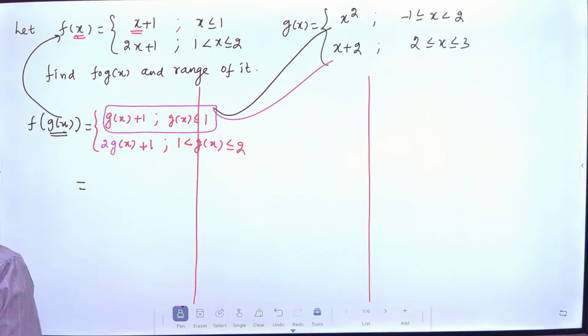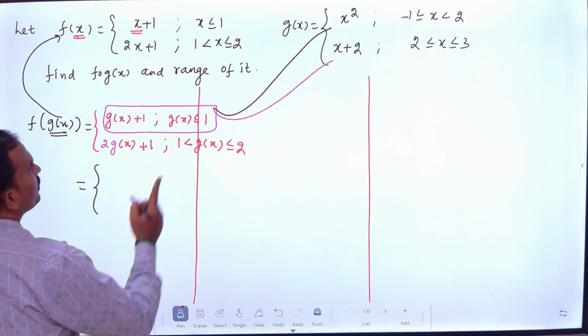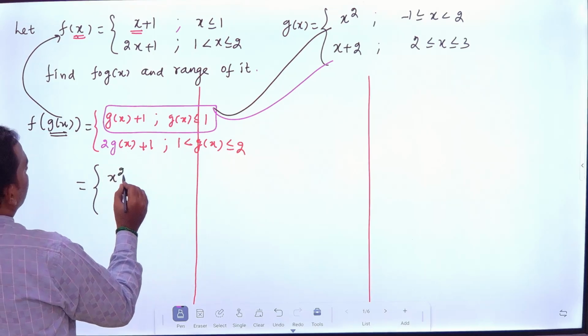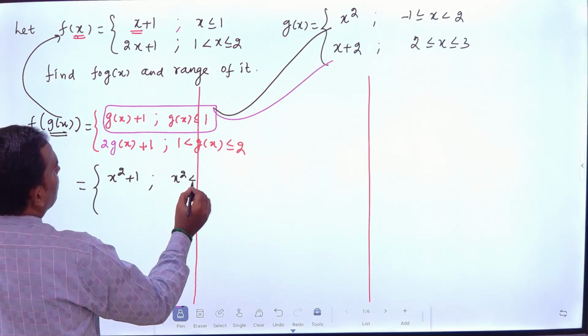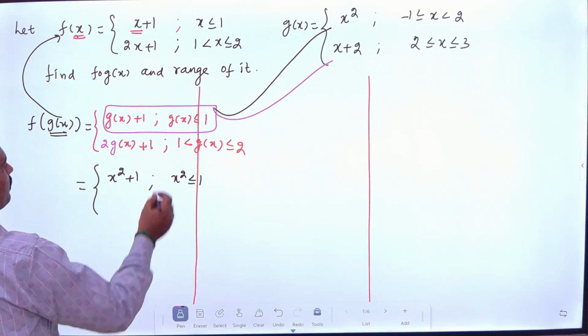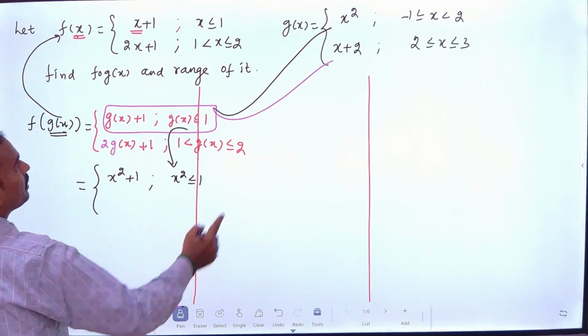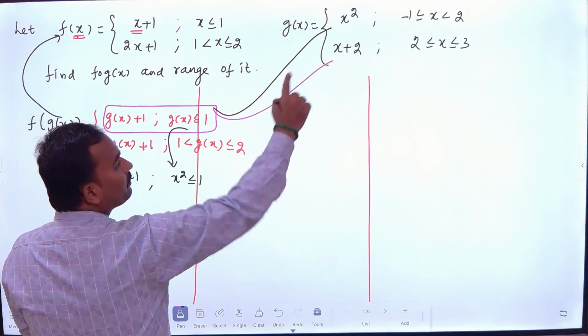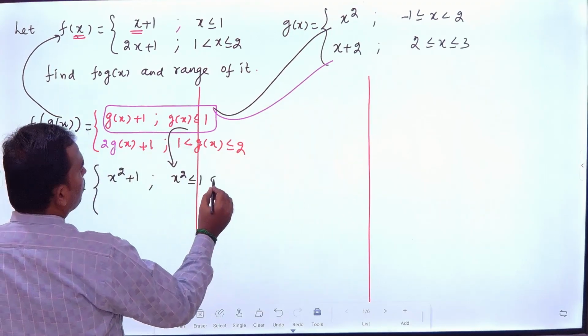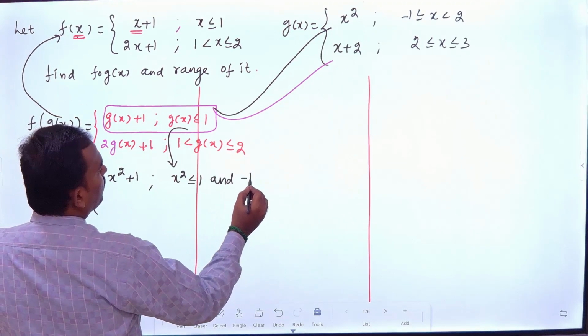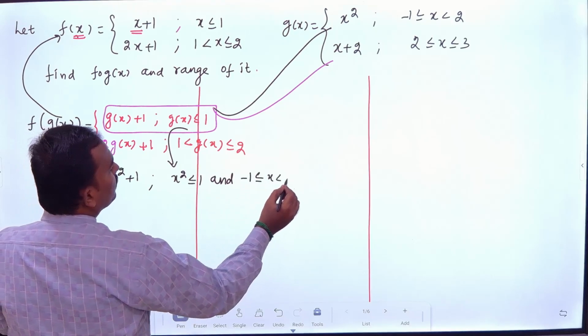Fixing the first function, we replace x square: x square plus 1 for x square less than or equal to 1. This is fine, but g of x is defined when x is from -1 to 2, so we have to take that also: -1 less than or equal to x less than 2.